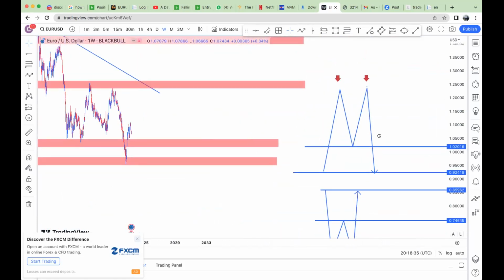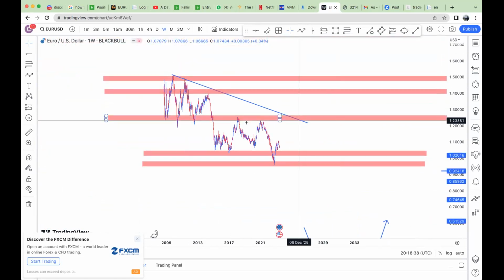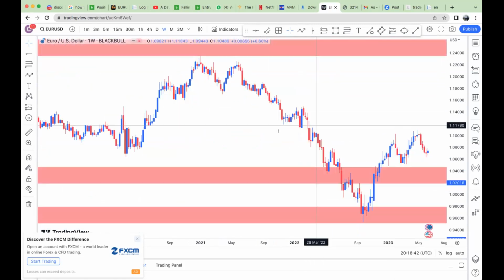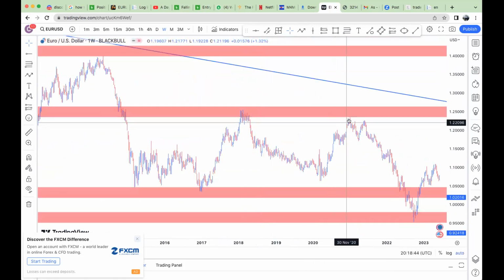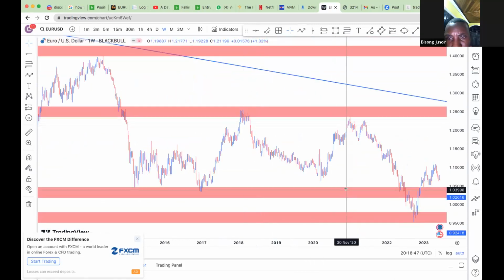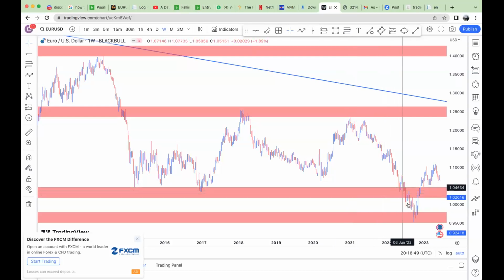I'm going to look out for these structures on the weekly time frame. So if you see this place, for example, this was a double bottom. This was the neckline, but it broke the neckline and came down to this place, gathered some momentum and is going up.